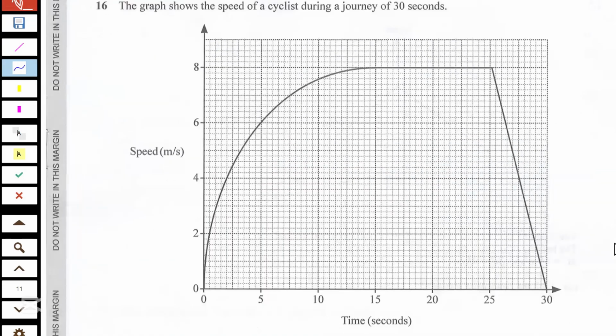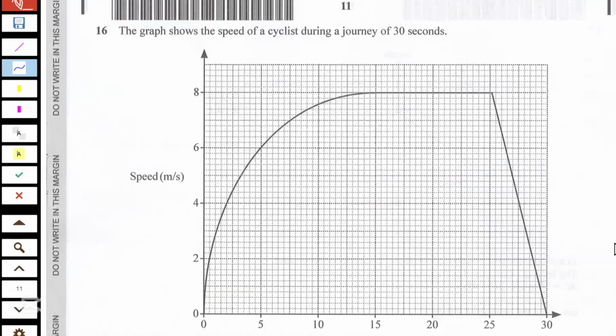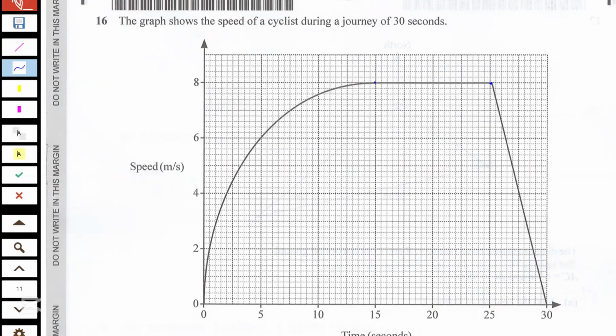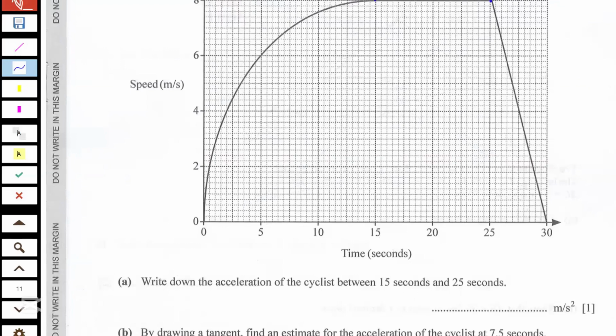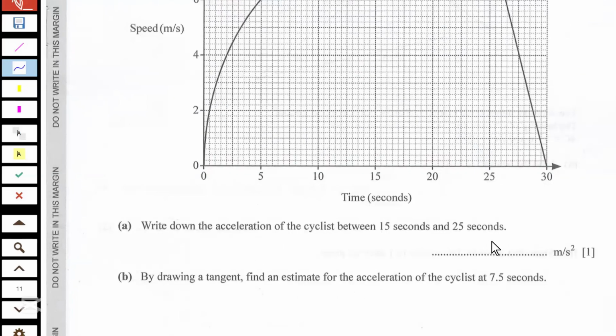Between 15 and 25 seconds, the speed is constant, and constant speed means zero acceleration. So the answer to question 16A is 0 meters per second squared.